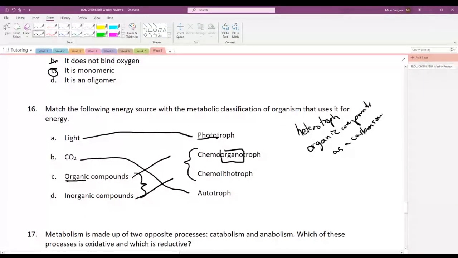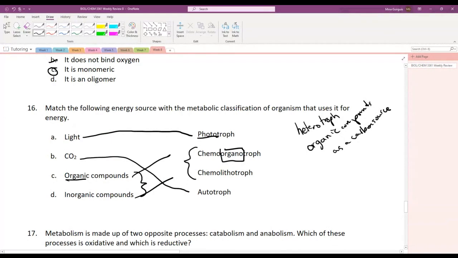So the reason that this is very separate is when we think of autotrophs, autotrophs use CO2 for energy. Well, CO2 is that carbon source almost. So heterotrophs are kind of a mix between chemoorganotrophs and autotrophs because they're using organic compounds to get carbon and then they're using that carbon for energy. So hetero because they're in between 2 things.